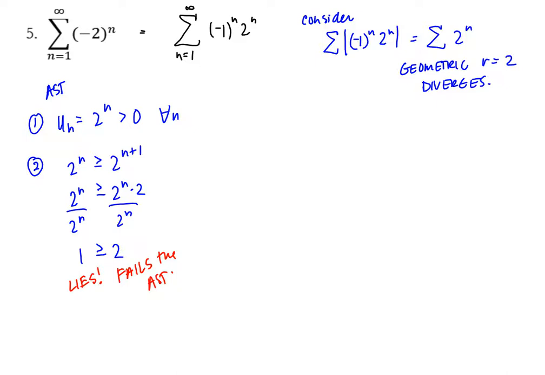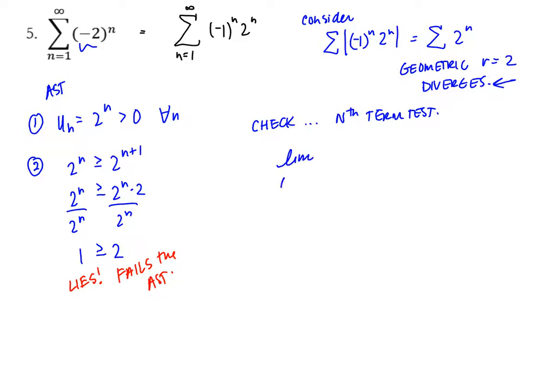So we need to find something else that will tell us whether the series diverges or not. How about the nth term test for divergence? We showed that it diverges absolutely, but that's not sufficient for the alternating business. So let's do the nth term test for divergence.